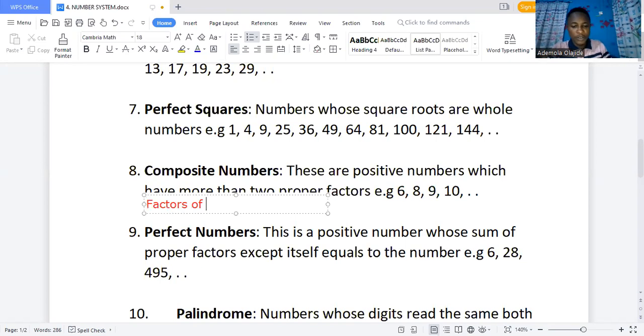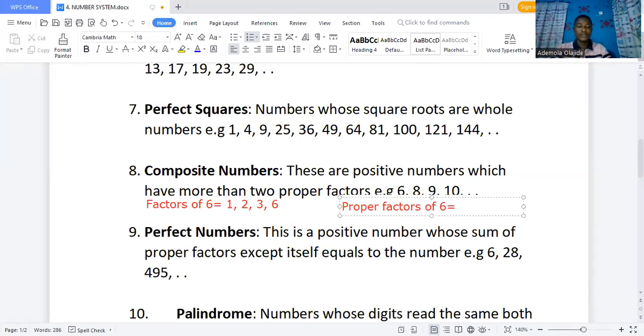factors of 6, for example, include 1 can go in 6 directly, 2 can divide 6 directly, 3 can divide 6 directly, and 6 can divide itself. These are factors of 6. But if I talk about proper factors of 6, this includes all those factors of 6 apart from itself, which are less than 6 itself.